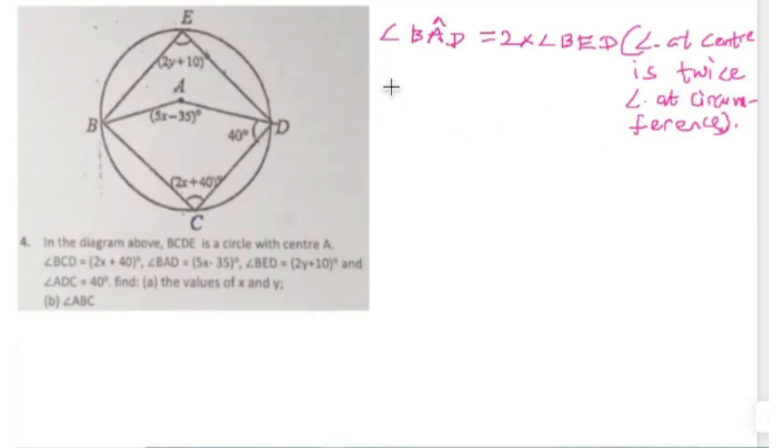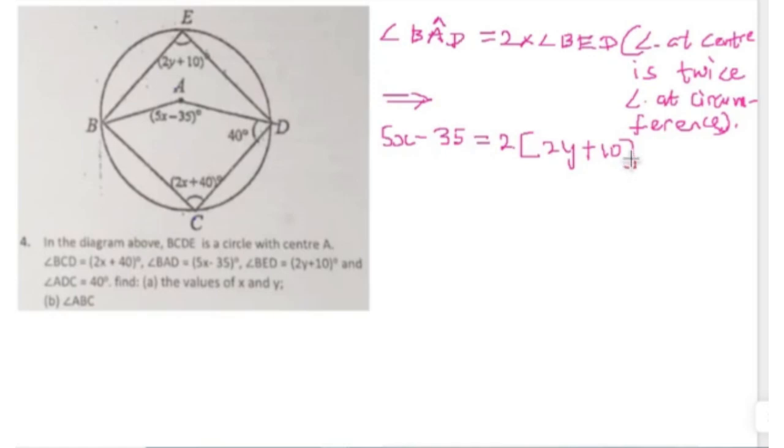So if that is true, then we just have to understand that this implies that we have 5x minus 35 is equal to 2 times (2y plus 10).